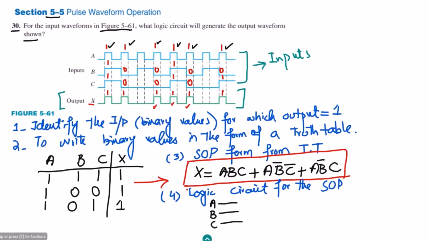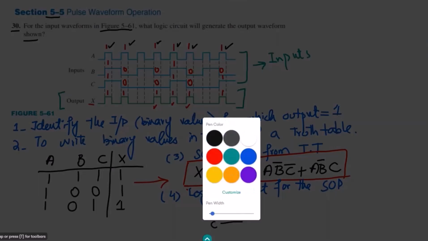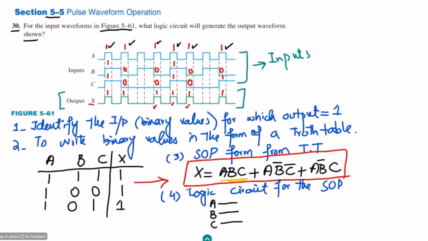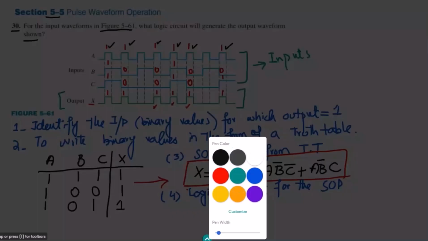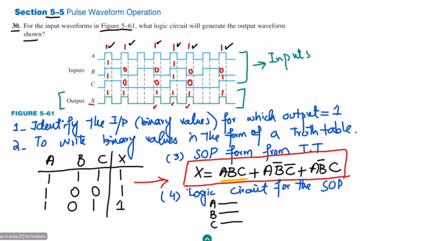Okay, so the first thing here is this ABC. So let me first write the ABC here. For this we will have a first AND circuit, a 3 input AND circuit, and this will be here. Okay, so this is the first AND circuit. The output of it will be ABC.